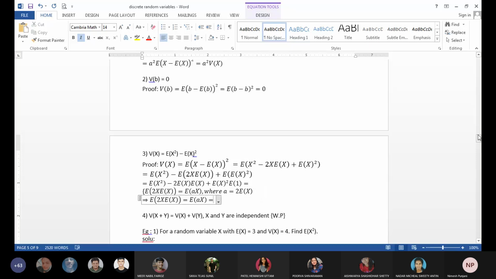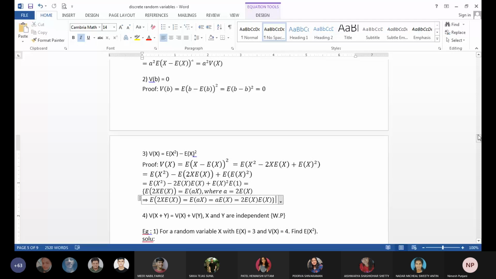What is expected value of a x? It is a E of X. But what is my a here? It is 2 E of X, no? So it will be 2 E of X into E of X. Right? Now is it clear? Yes, sir.